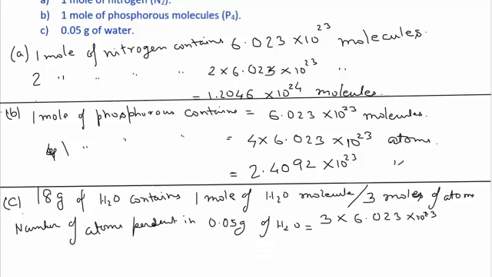So we have converted 3 moles to number of atoms. Then we have 0.05 gram of water, divided by the gram molecular weight, 18. On solving we get 5.016 into 10 to the power 21 atoms.